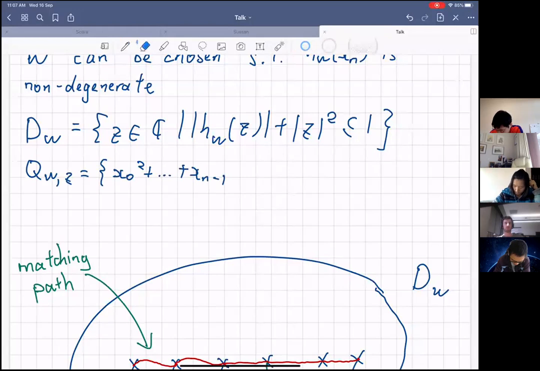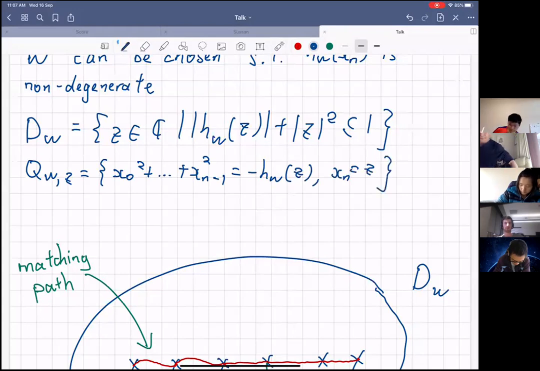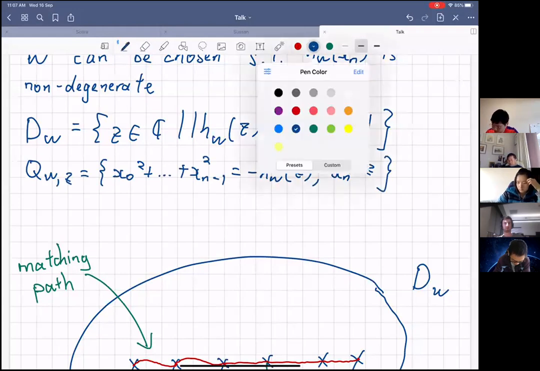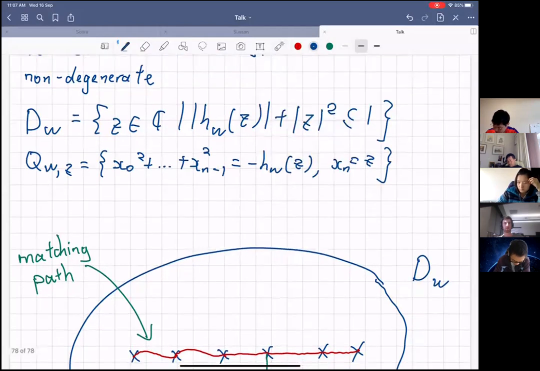In the previous example, we only saw up to n equals 2, but now we see the whole n coming out. And you look at this fiber here. This fiber has a property, I can draw it here.